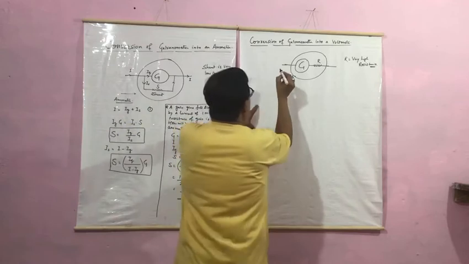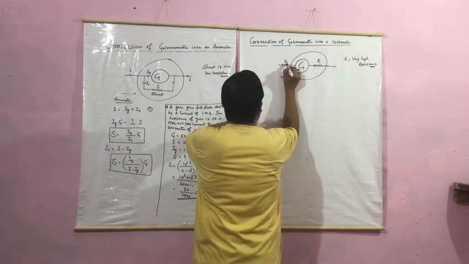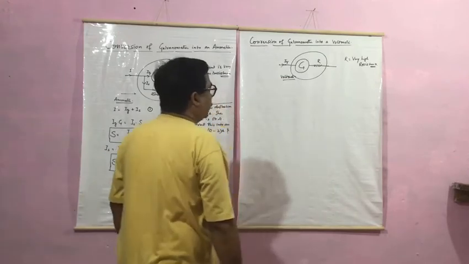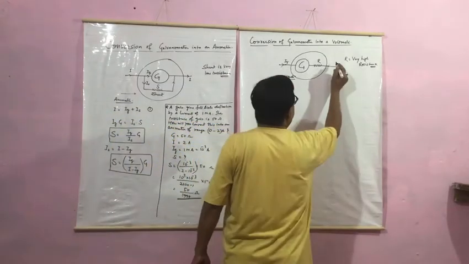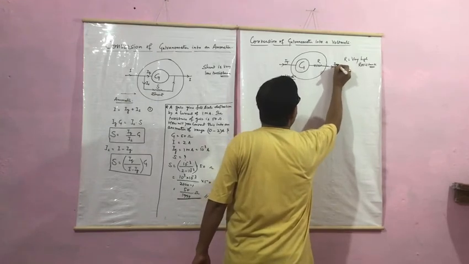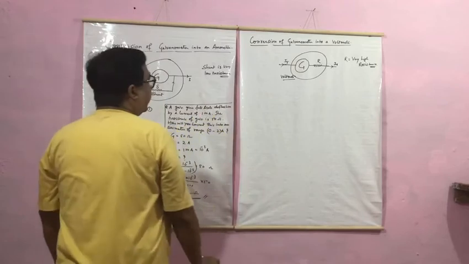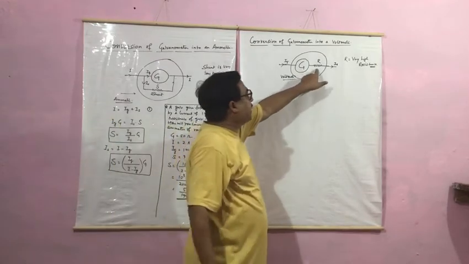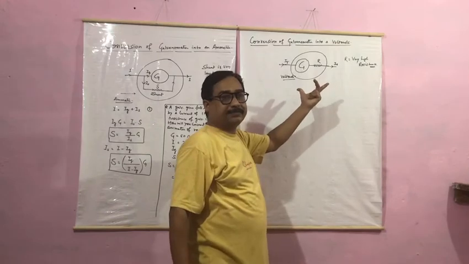And suppose current Ig is passing through the galvanometer. So Ig current goes through this and comes out like this. So when a very high resistance is connected in series to a galvanometer, this is a voltmeter.